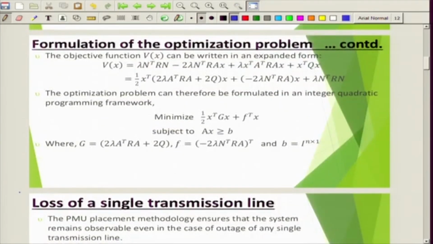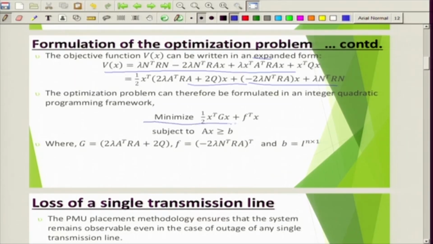So the objective function v of x can be written in an expanded form. If you just expand the previously defined form, and further deduction will yield an expression like this. The optimization problem can therefore be formulated in an integer quadratic programming framework.